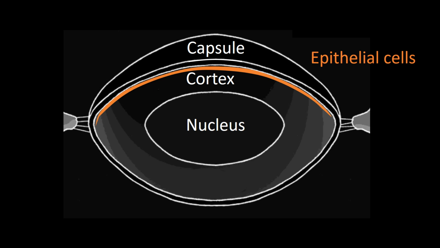These epithelial cells transform into lens fibers by losing all cellular organelles. Lens fibers form the cortex and, to a certain extent, the nucleus of the lens. The nucleus of the lens is created at different stages of prenatal and postnatal development by modified lens fibers.